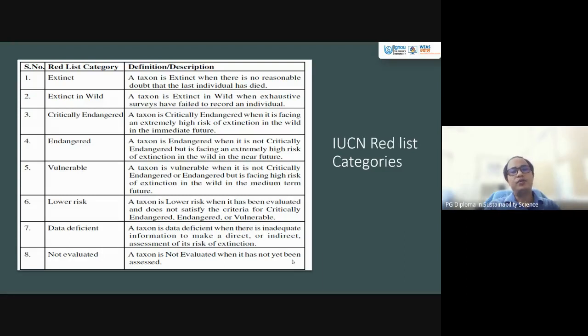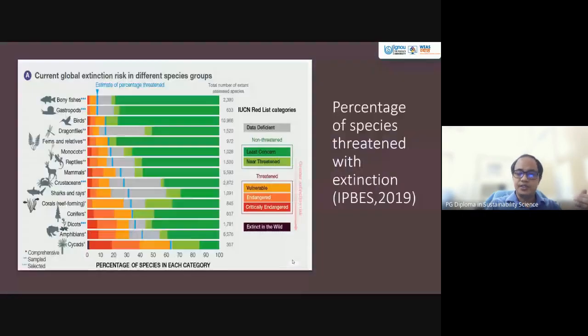When you talk about critically endangered, it is facing an extremely high risk of extinction in the wild in the immediate future, right? When you talk about a species as endangered, it is not critically endangered, but is facing a very high risk of extinction in the wild in the near future. This is the definition of the different IUCN categories, right?